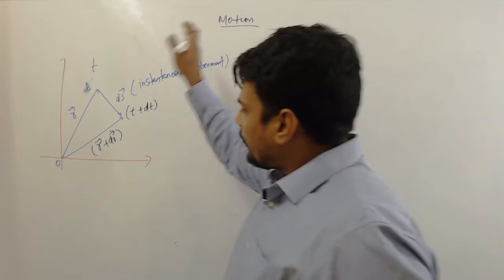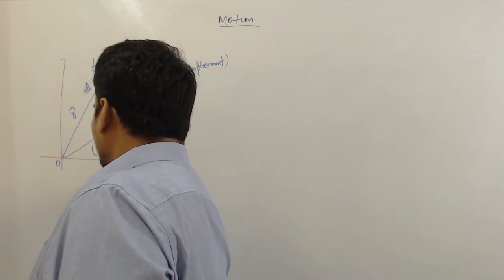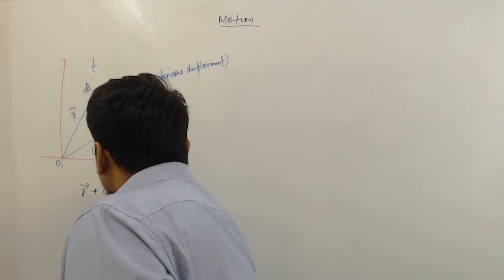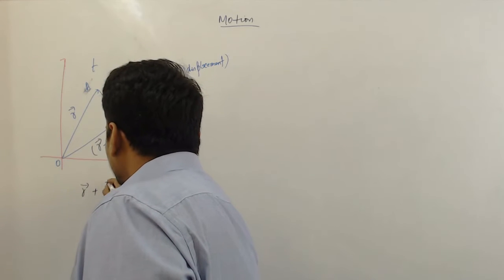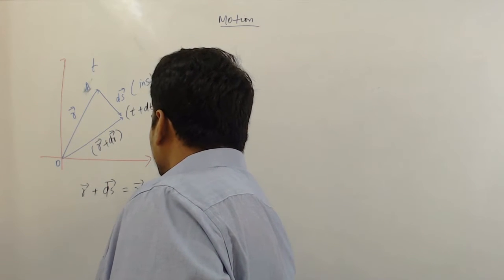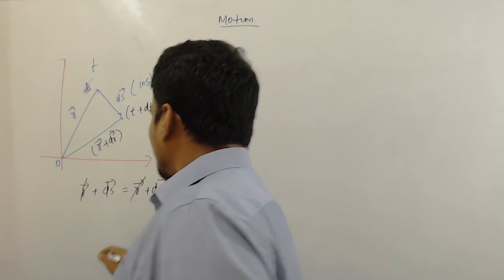Okay, now again let us use the triangle rule of vector addition. So can I just say r vector plus, let's say I can write ds vector, that should be how much? r plus dr vector. भाई देखो r तो गया जी. What do we have?